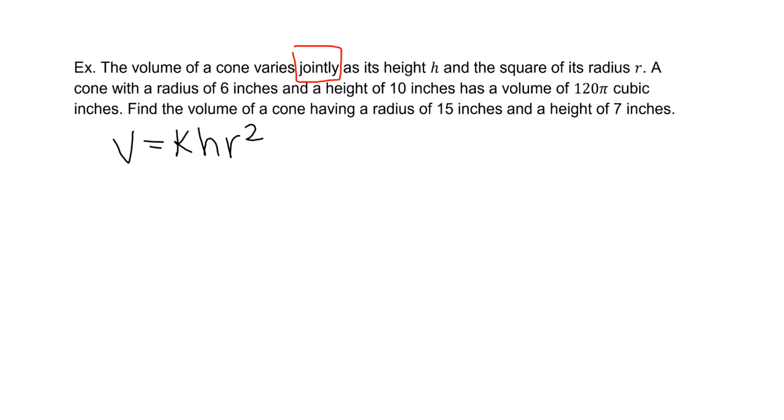So we need to find the constant of variation. So that's what this second sentence gives us. It says when we have a radius of 6 inches and a height of 10 inches, we have a volume of 120 pi. So I can go ahead and replace V with 120 pi. I can replace H with 10, and we can replace R with 6.